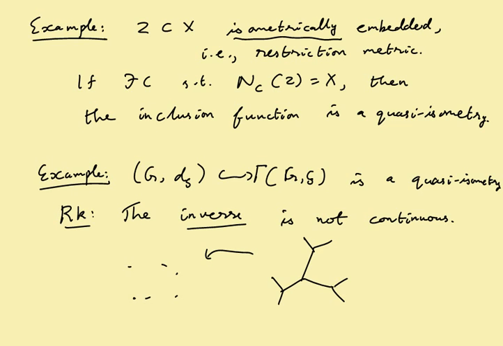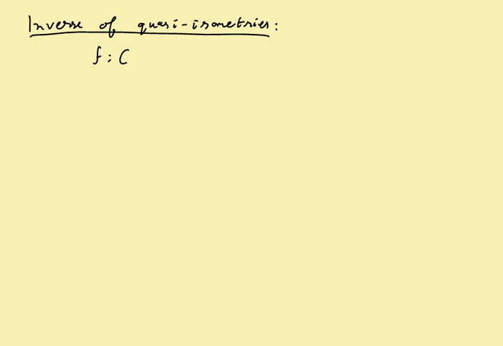Okay, so let me just make a comment here about inverses. Inverse of quasi-isometries. What can we say about the inverse? So suppose f from X to Y, just spaces X to Y, is a (K, C) quasi-isometry.